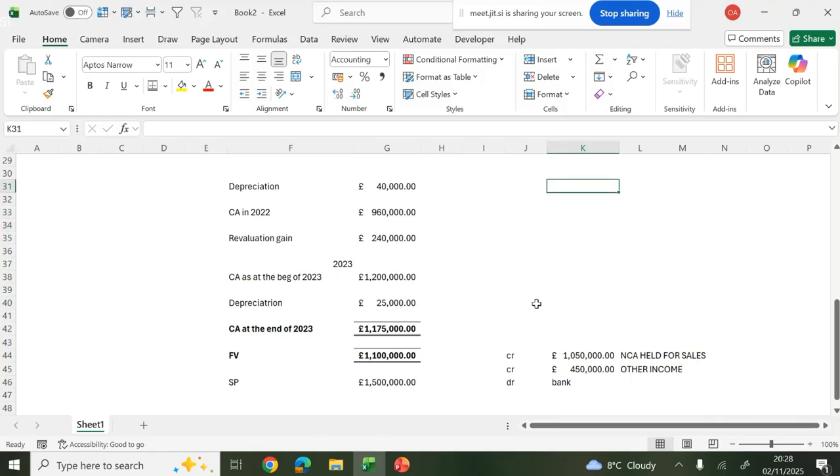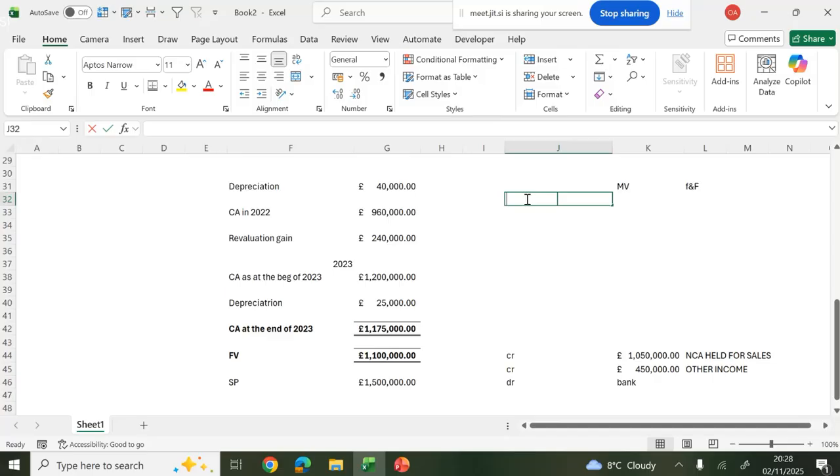Your fixed asset schedule potentially should have, for example, motor vehicle and furniture and fitting, right? Let me just use these two. This is what I will have in my fixed asset schedule, and that's how it should look.